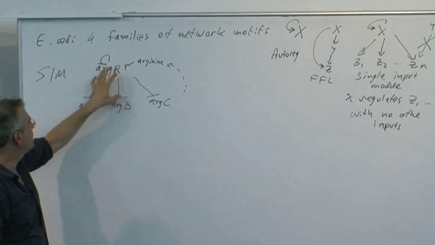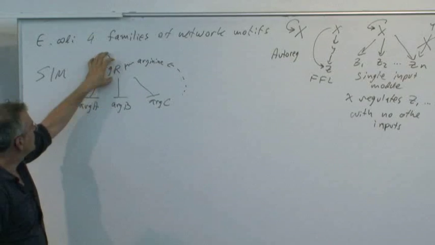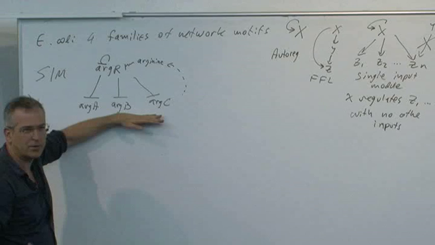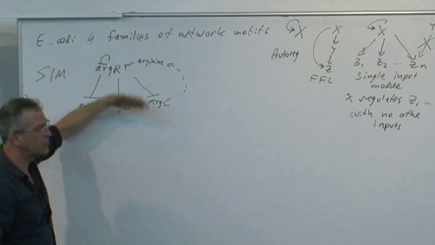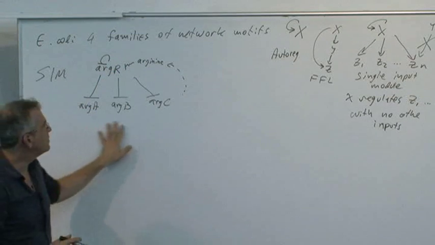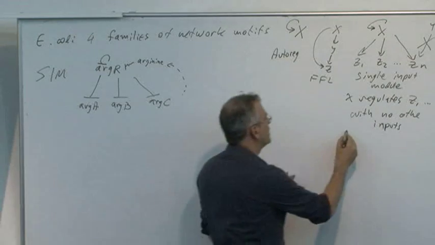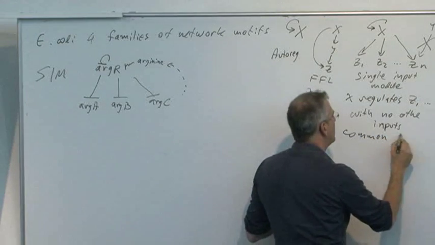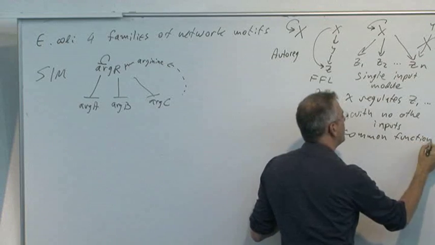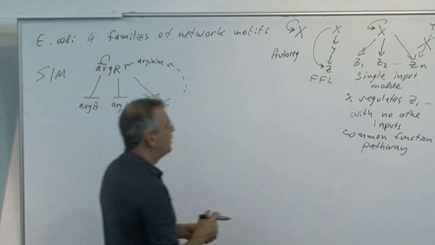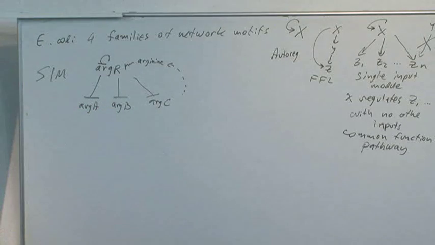This circuit makes sure that if there's no arginine, you don't make the proteins that make that amino acid. And if there's no arginine, you turn them on. And always these genes have a common biological function. They're a pathway, like a pathway that makes some chemical. They could be the proteins that make up the flagellum motor. They could be whatever.